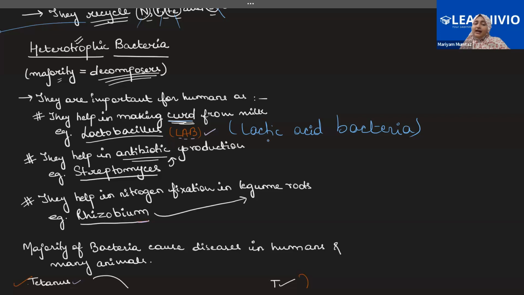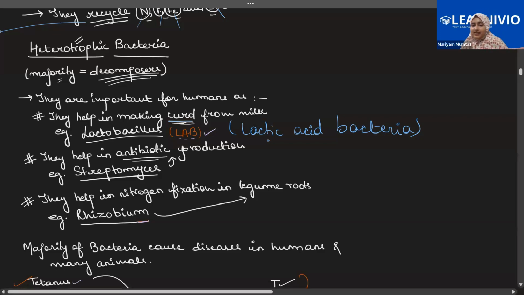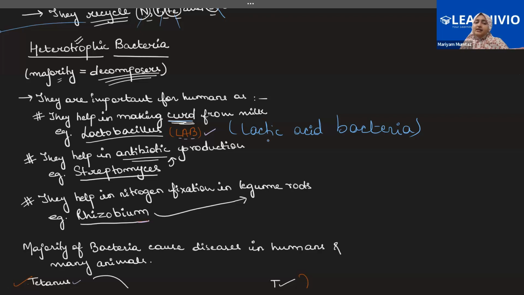Now, there are some bacteria that help in the production of antibiotics, meaning medicine, such as the streptomyces bacteria. Then there are some bacteria that help in nitrogen fixation in the roots of leguminous plants, such as the rhizobium. See, these are the examples.